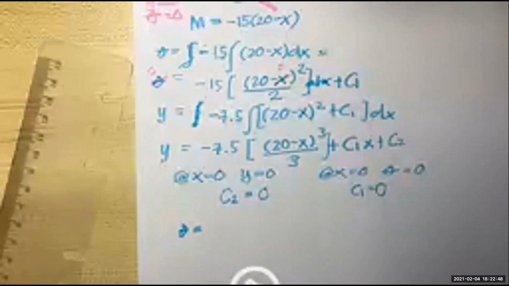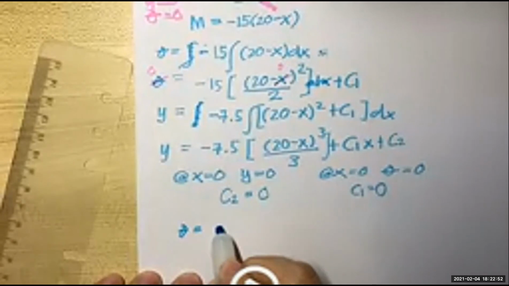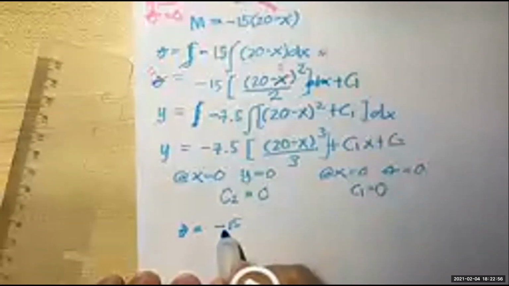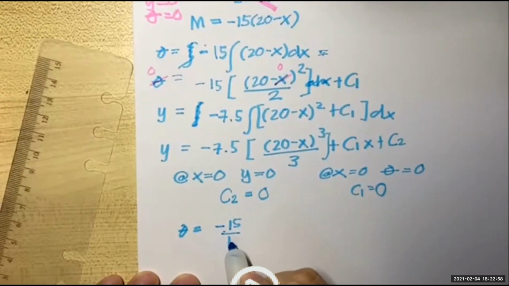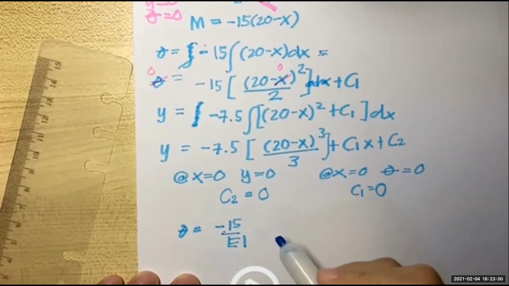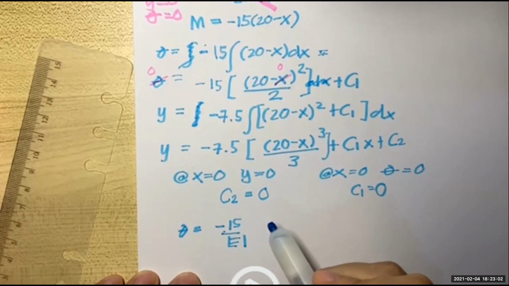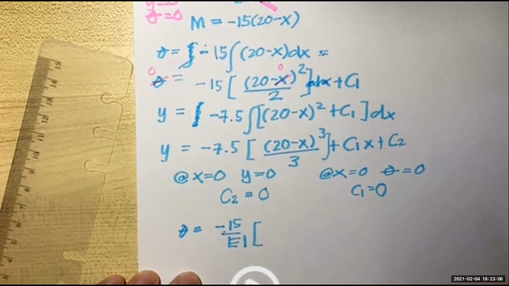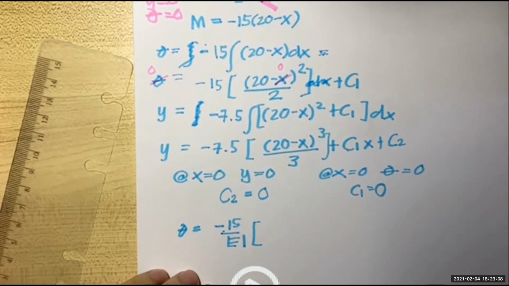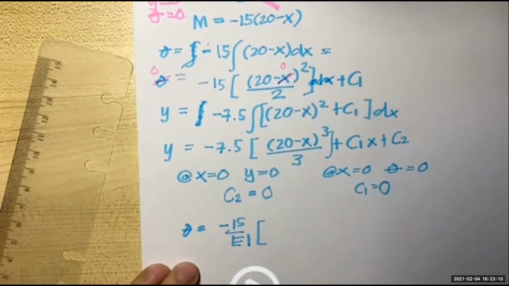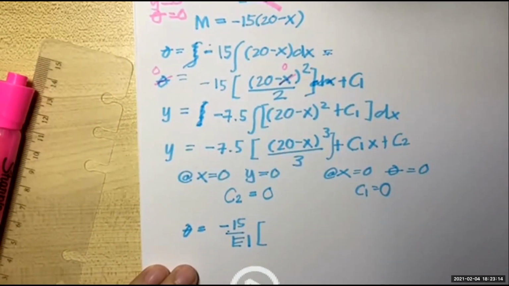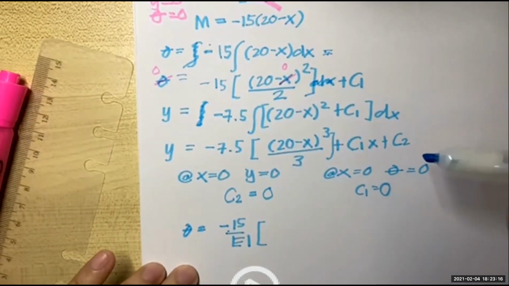Okay, so for your theta, we have negative 15, sorry, I forgot the EI. Pakilagay na lang dyan sa solution. 15 over EI times 20. Sorry, nalito ako, no? Cross out this.